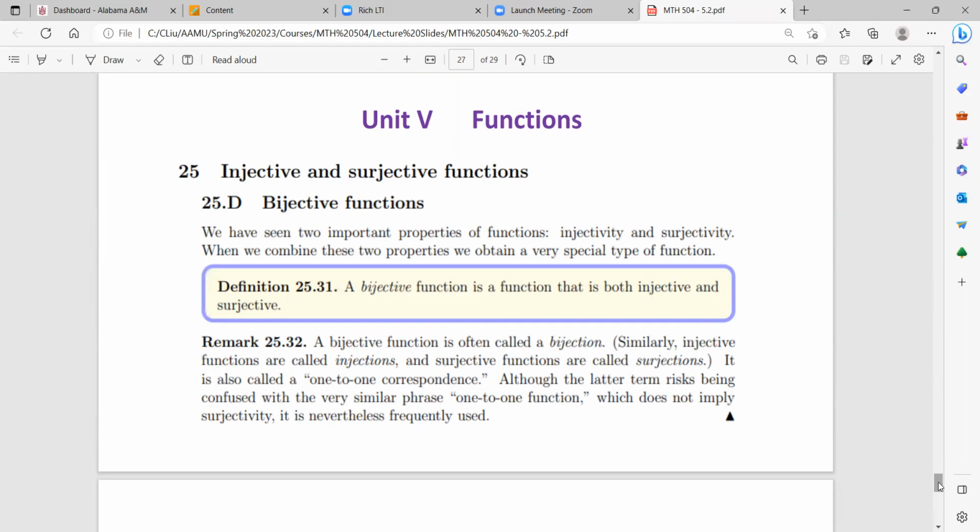We already know that, or one-to-one correspondence. And the bijective function is a very, very good function because you have one-to-one correspondence and you can define inverse functions and so on. There are a lot of things you can do about it.